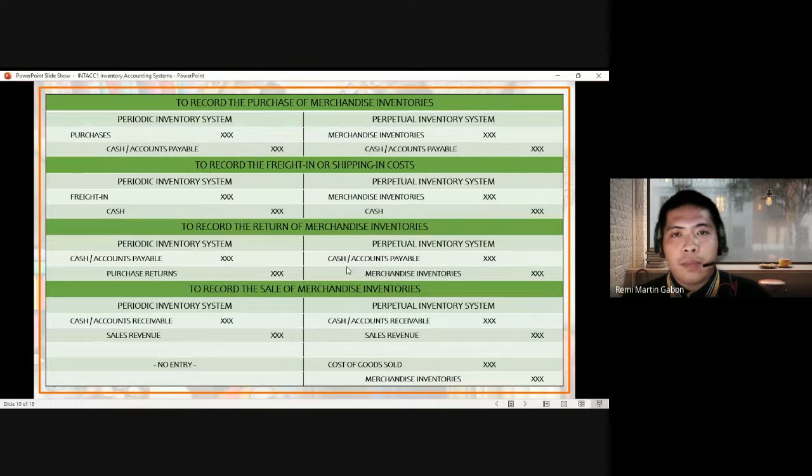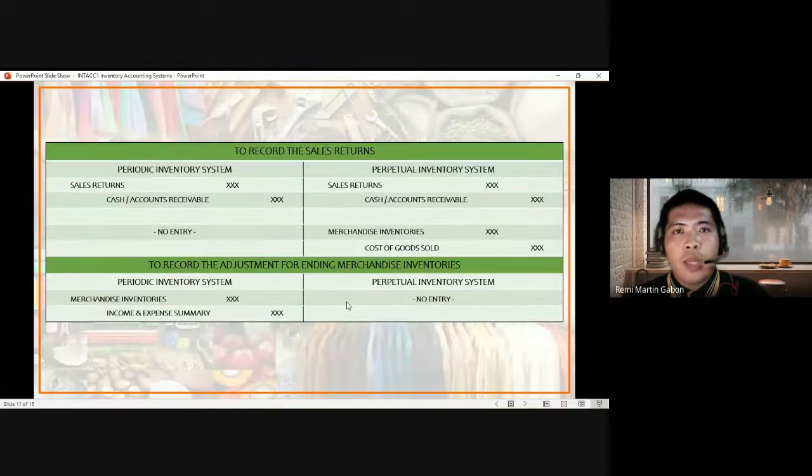Next, to record sales returns, periodic inventory system and perpetual inventory system both debit sales return and credit cash if the initial sale in which the return was related was referring to a cash basis sale, or credit accounts receivable if referring to a credit basis sale.